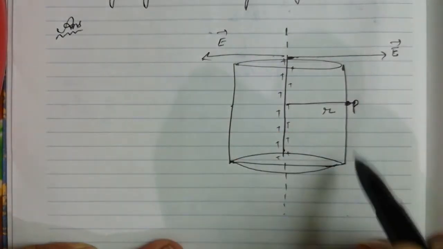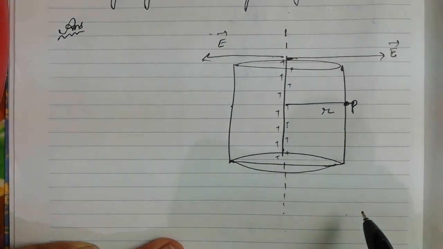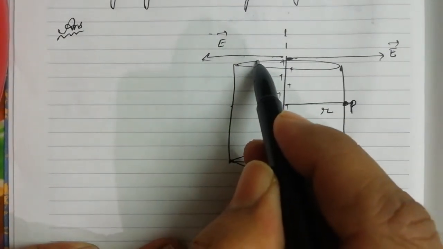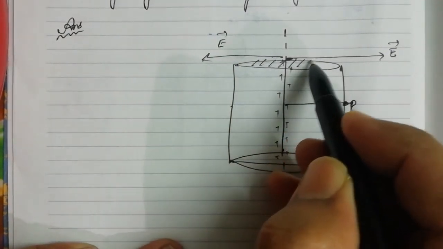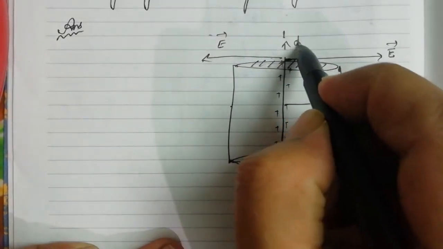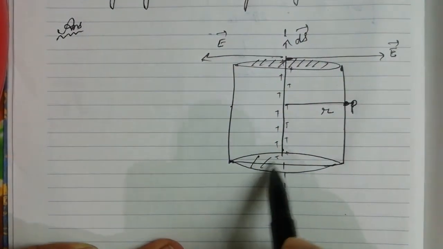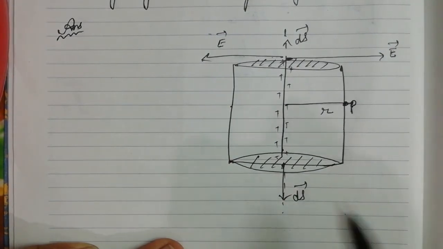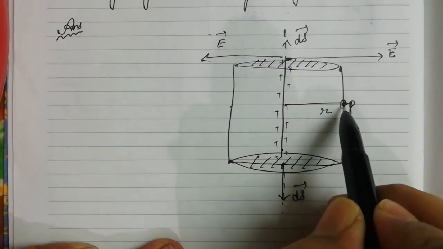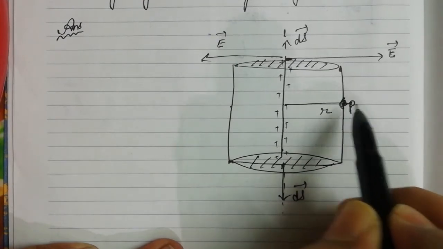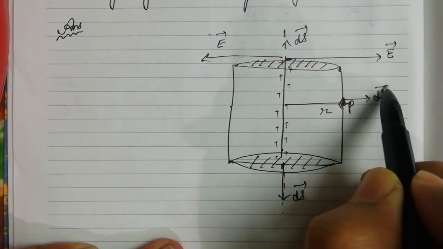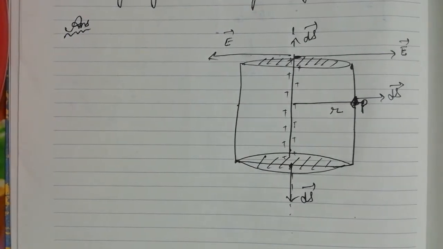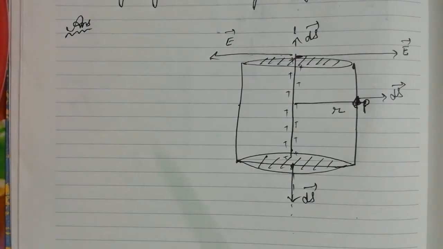Now, if this is a cylindrical Gaussian surface, it has three surfaces. One surface along this way, another one is the bottom direction, and another one, a surface direction is this. Okay, so it is something like this.